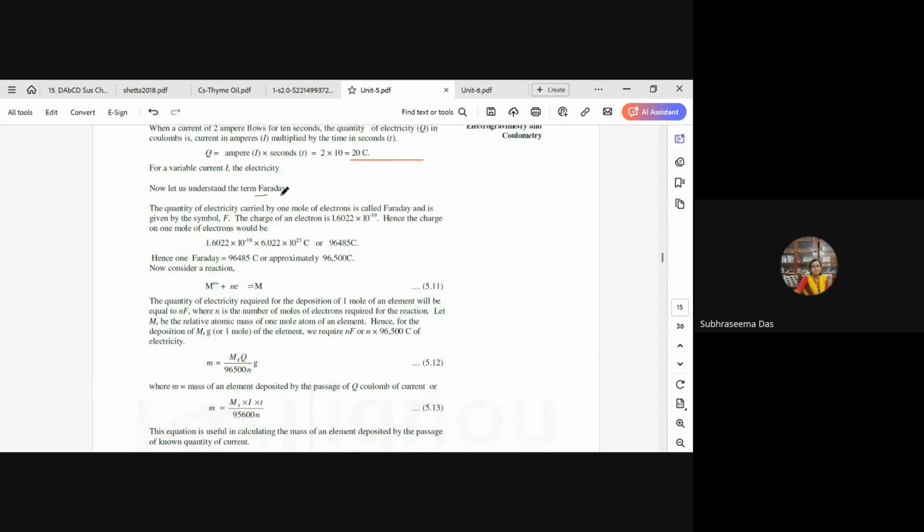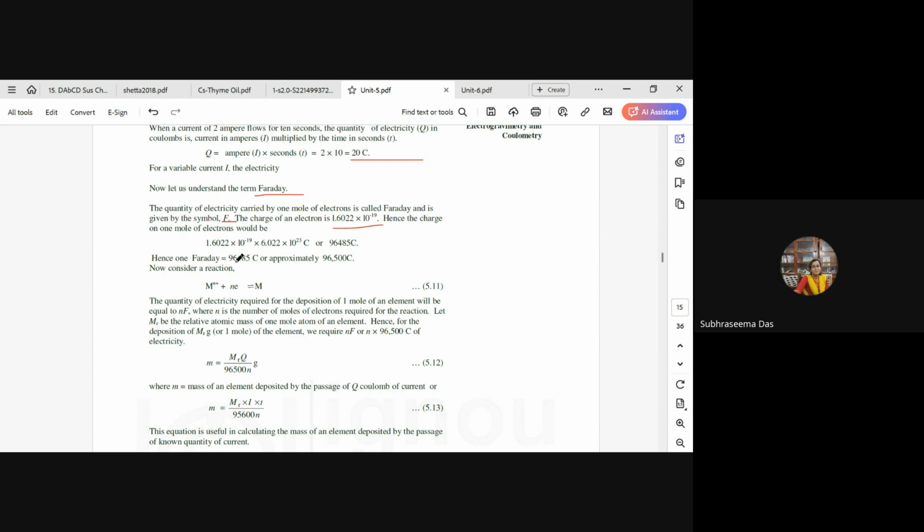Now we will define the term Faraday. The quantity of electricity which is carried by 1 mole of electrons is called a Faraday, and it is given the symbol capital F. We know that the charge on one electron is 1.6 into 10 to the power minus 19 coulomb.